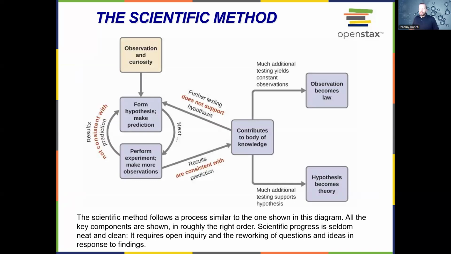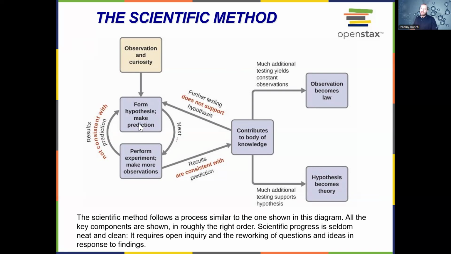And this is an overview of the scientific method. So you're going to see this in probably every science class that you take. You've probably seen it many times before in other science classes previously. So you have an observation, we make a hypothesis, we perform the experiment, and sometimes we have to make more observations because the results are not consistent with our prediction.